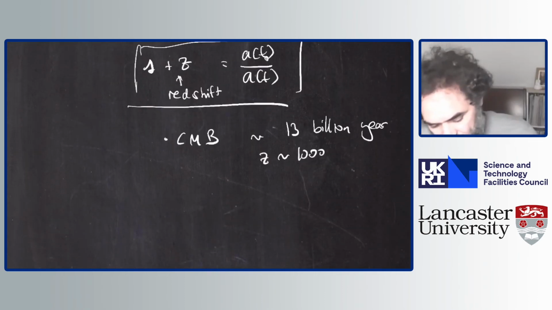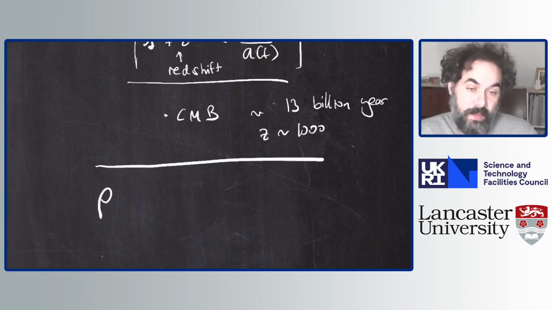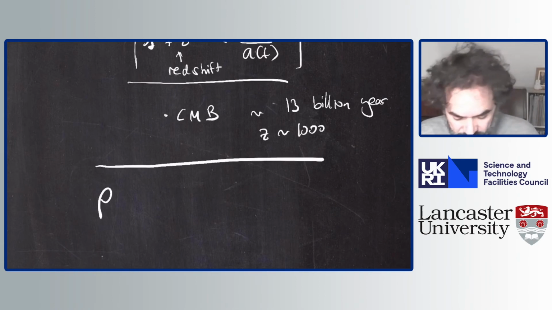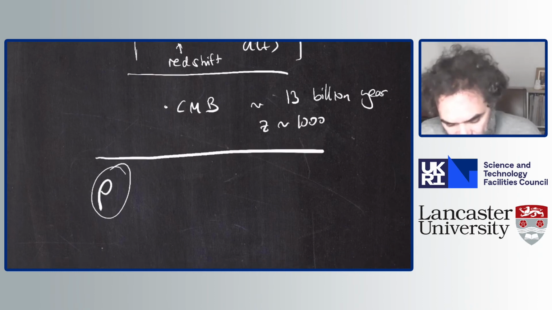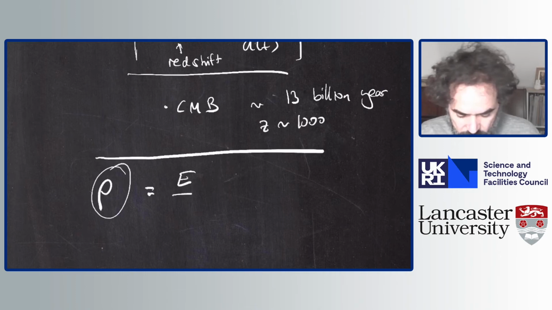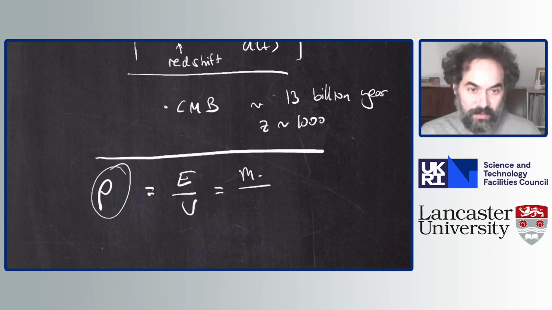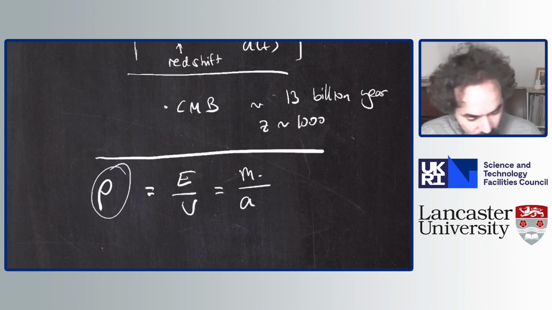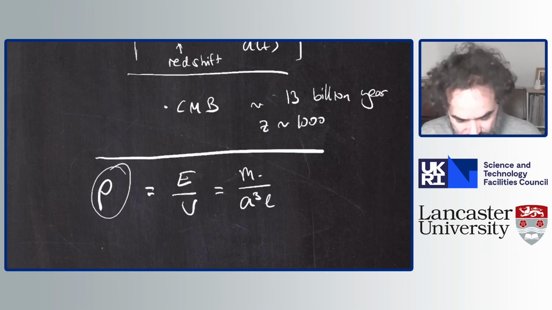All right, the next thing is going to be exploring what these energy densities are for different situations. So the energy density, for instance, for non-relativistic particles. What do you want? You want the energy per unit volume. Energy is going to be, for a non-relativistic particle, the mass basically, divided by the volume. What is the volume? Well, it is going to be a cube of whatever distance L you are talking about.